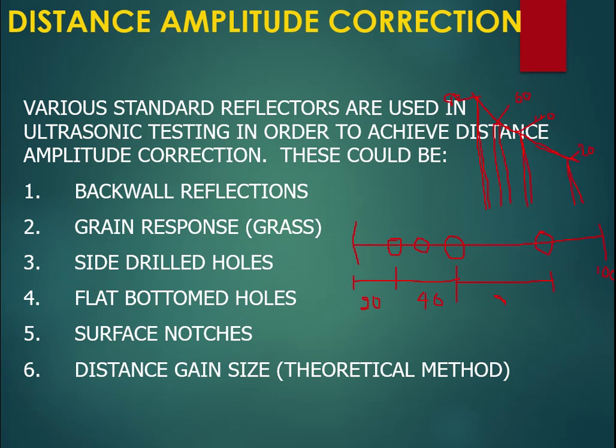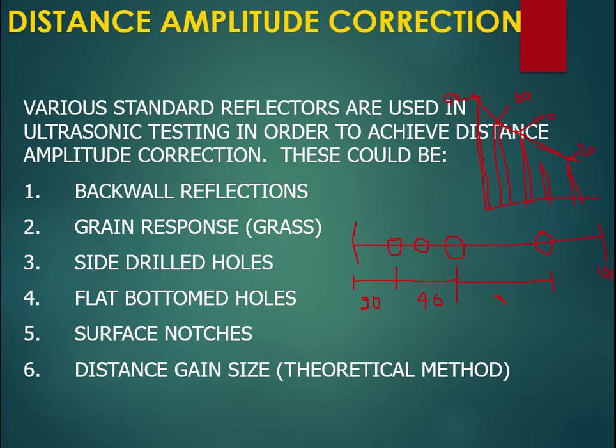It means that at the same distance we will observe the highest echo if the size of the discontinuity is larger, and if the size of the discontinuity is smaller, we will observe an echo amplitude less than the DAC curve.